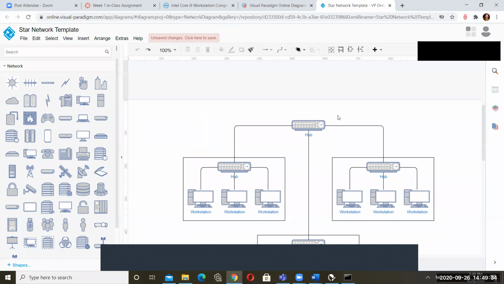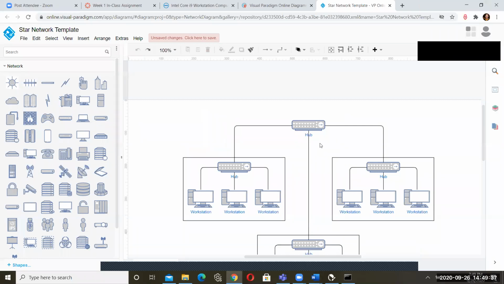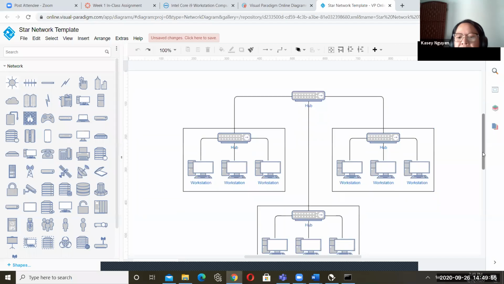I have a question, Professor. Sure. The main hub and the other hubs, they are the same specs? Yes. So in this case, everybody's our peers. They're equal in role. But what happens is that they connect three of the hubs back to it, right?